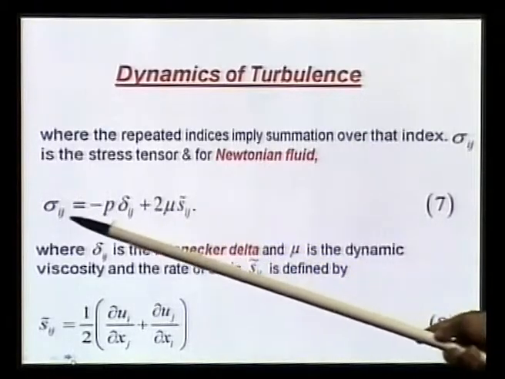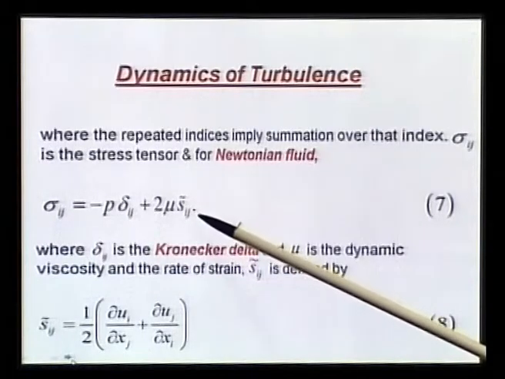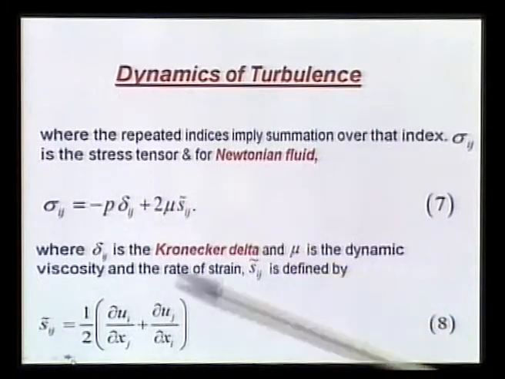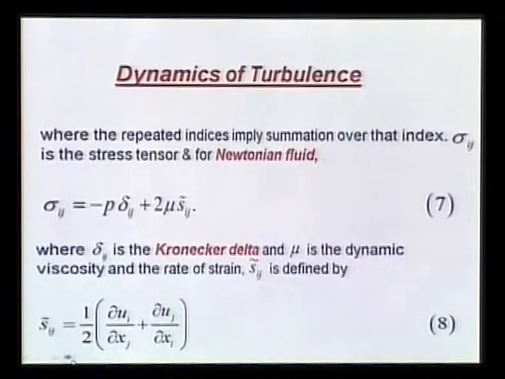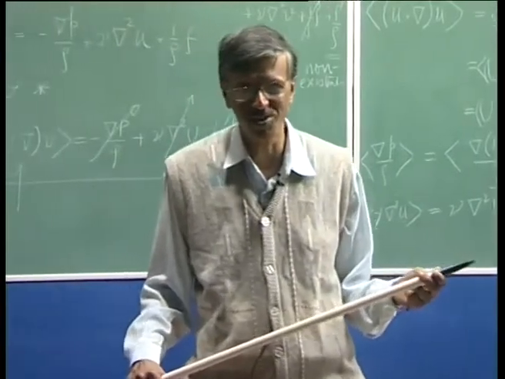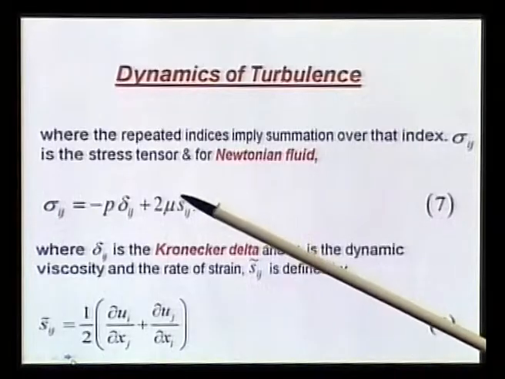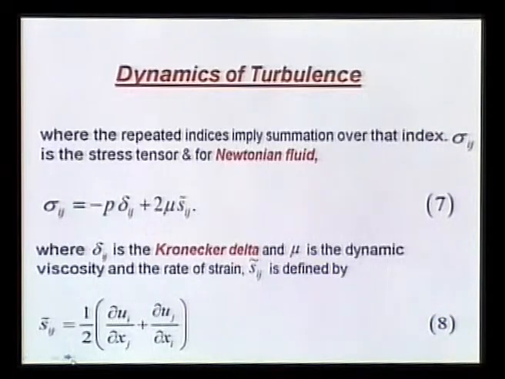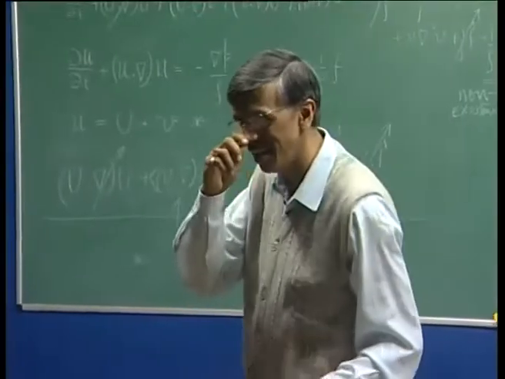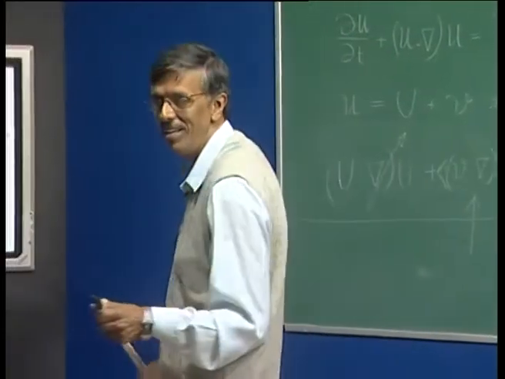What it essentially tells you is that the stress is related to strain. You are so used to hearing that stress is proportional to strain that you automatically tend to think that mu is some kind of proportionality constant, which is not strictly adequate or correct. Why?